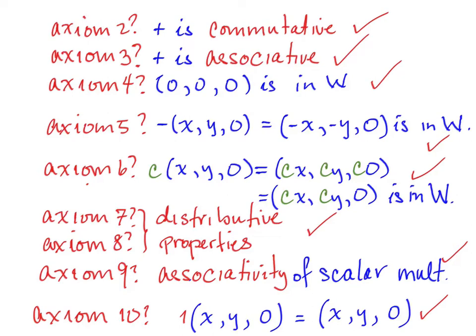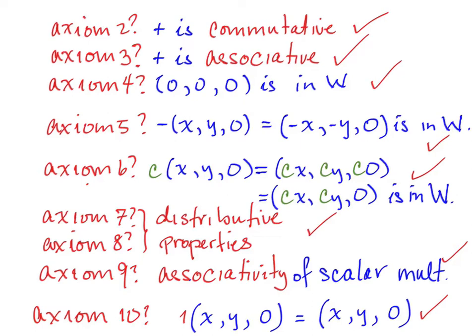But it turns out all of those things, and everything else, came for free from the operations that R3 had. We inherited all those other axioms from R3. So of the ones that we did have to check, a lot of them really come for free just from closure under addition and scalar multiplication. So there really are only a couple of things we have to check.